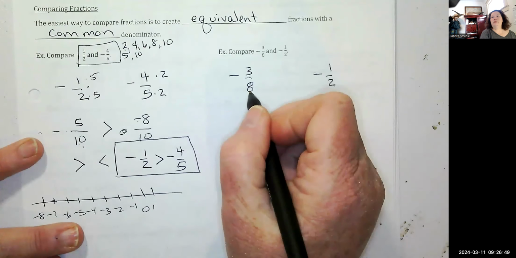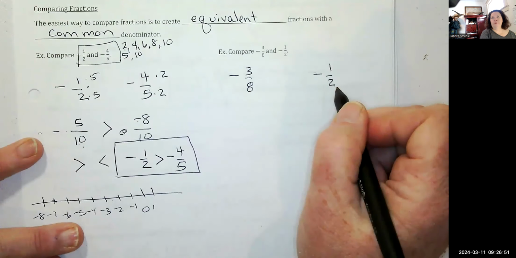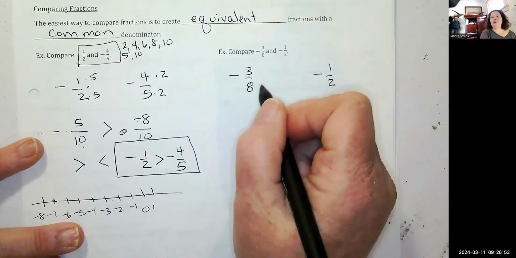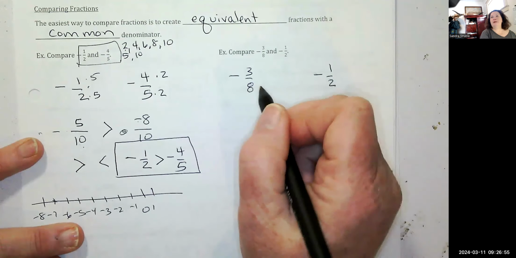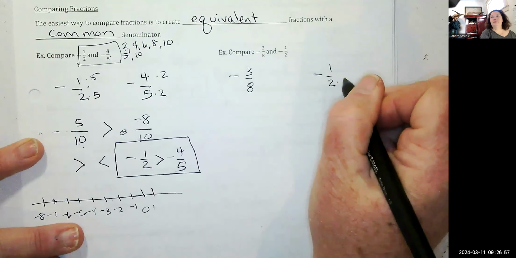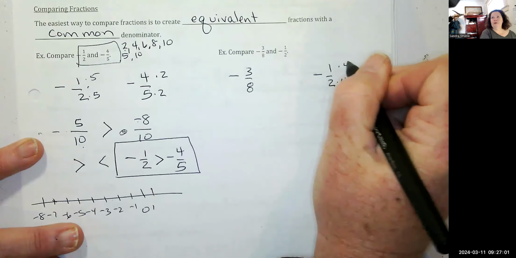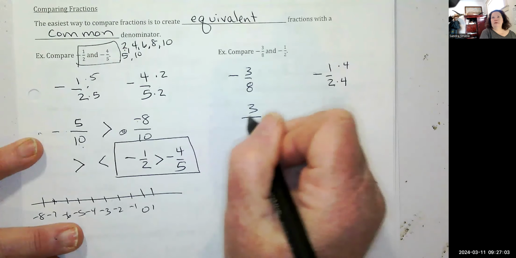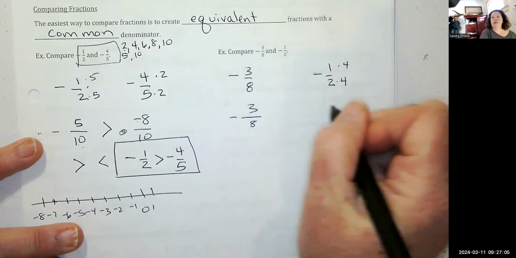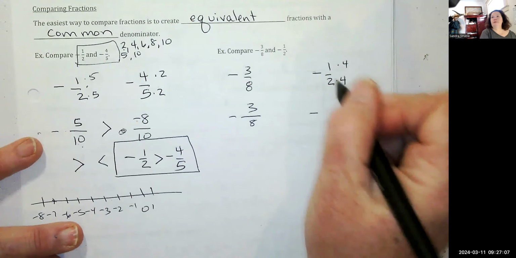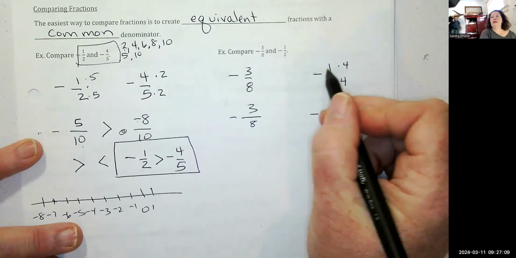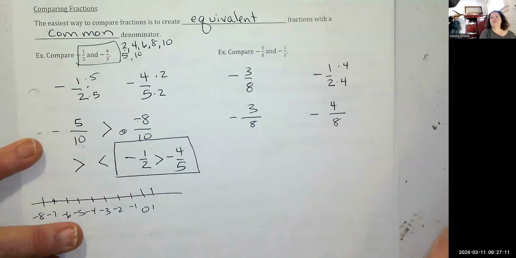Well, we've got 8 and 2. I know 2 goes into 8, so 8 is going to be my lowest common denominator. 2 times what is 8? 2 times 4 is 8. So -1 times 4. This one isn't going to change. This one becomes -4 over 8.